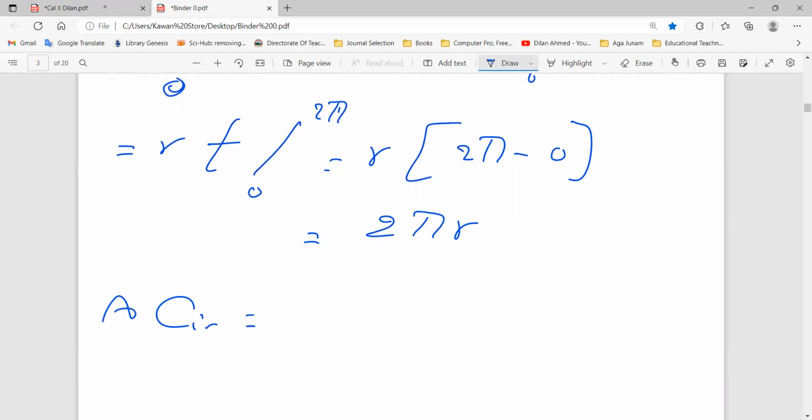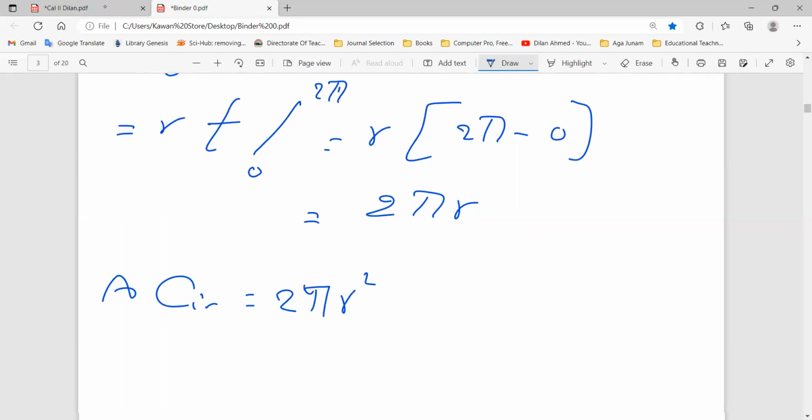And you know about the area and the circumference of a circle, right? Area of a circle is equal to what? Pi r squared. You are right. How about the circumference? Two pi r.